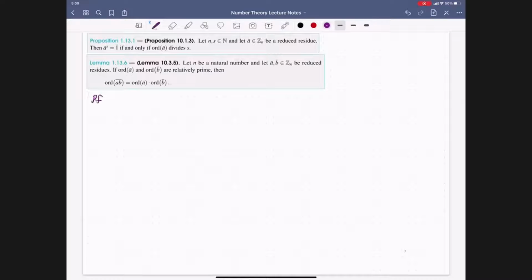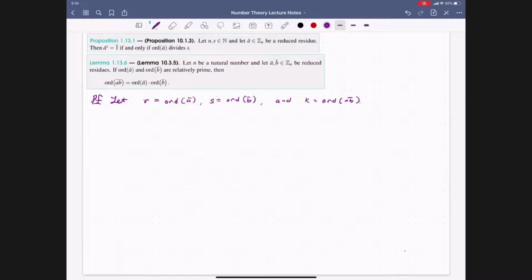So to make notation simpler, let's go ahead and let r equal the order of a bar, s be the order of b bar, and k be the order of ab bar. So that's going to be the notation we are going to have.